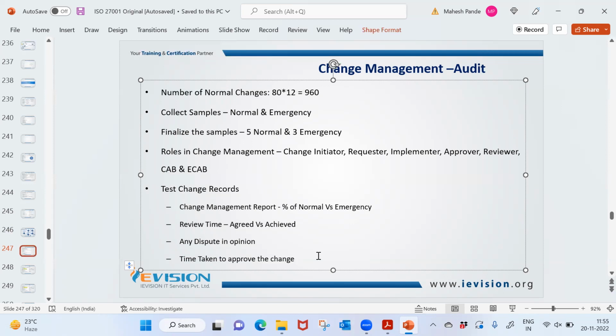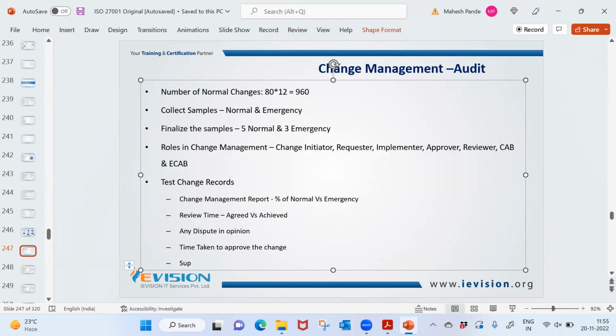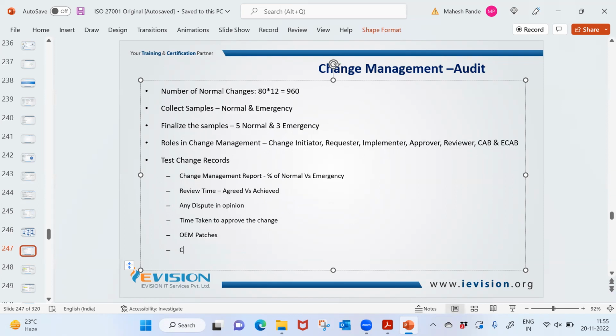I can get into this for the entire day of audit, where we can get into the supplier, for example, OEM, patches, then client changes. We can get into as many topics in change management. However, we have to see what risk this organization is facing. Then you will prepare your audit case.